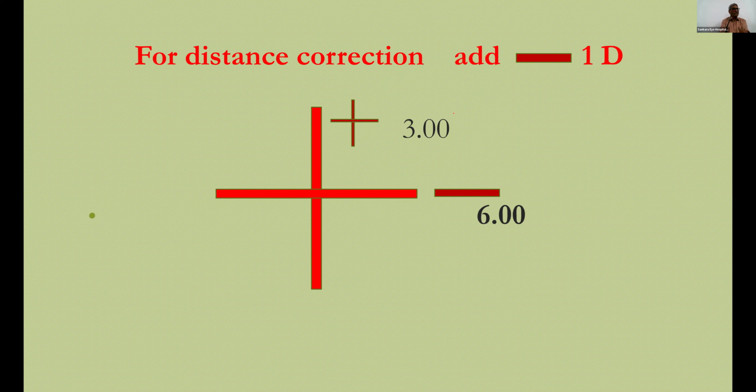You must write for distance correction. If I do it at 1 or 2 meters, I must add -1.5. Then you do the mathematics. +4 becomes -1, that is +3. Then -5, -1, that is -6. See now, the result is like this.